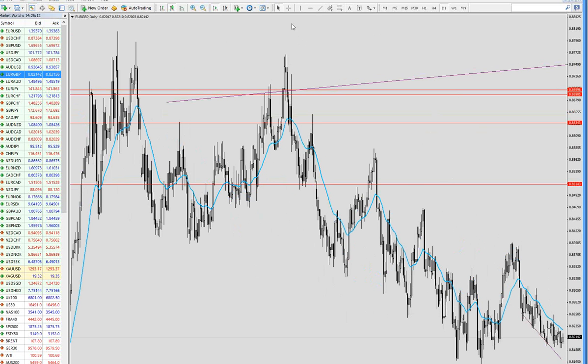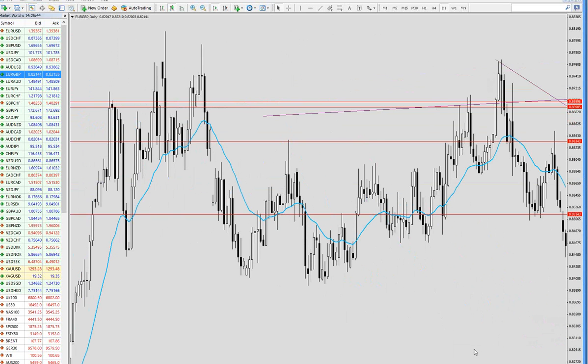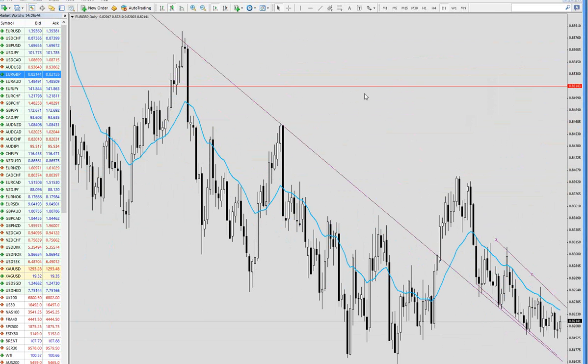Still some kind of the one channel has been broken already, the big one here, right? So looks like bulls are trying to hold the ground here. But the thing is that there is no real power to push price higher.